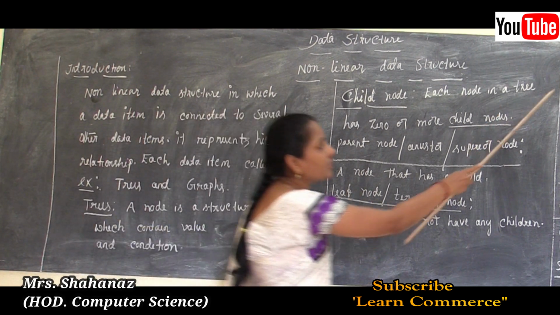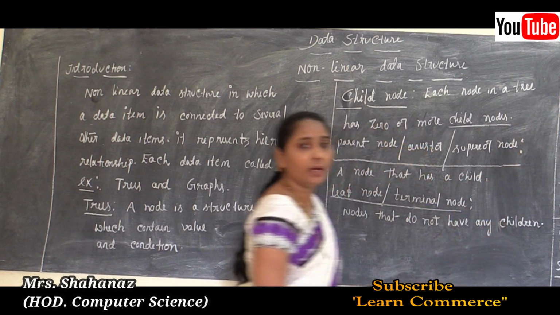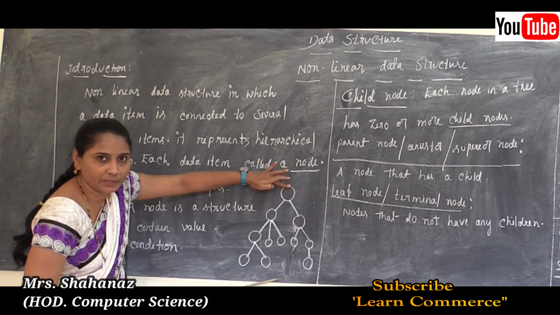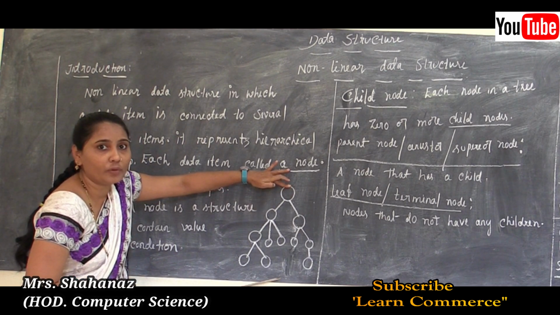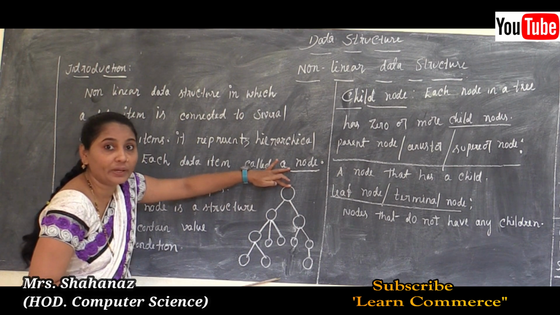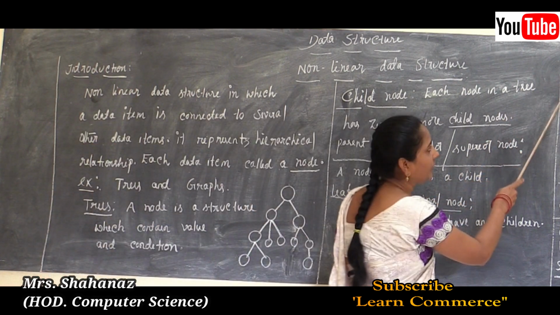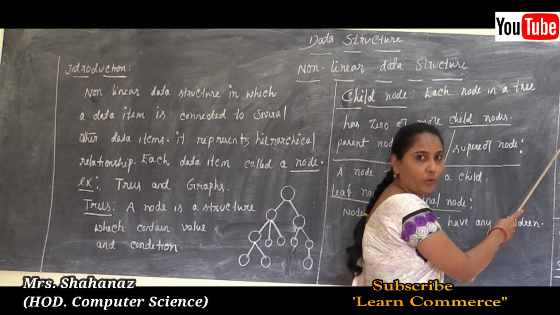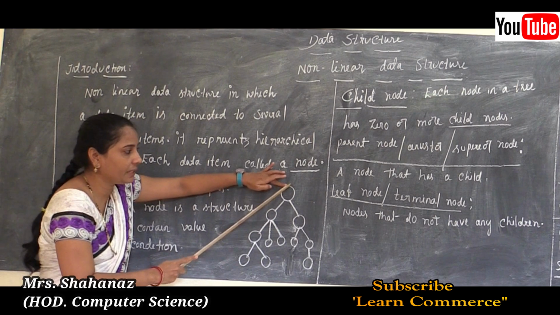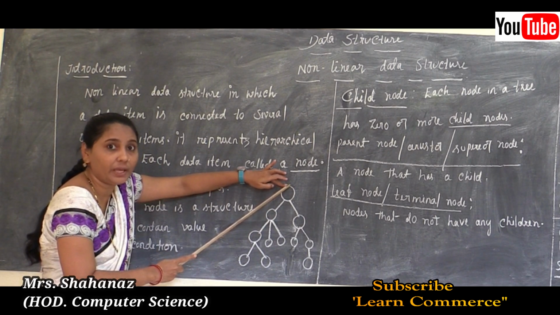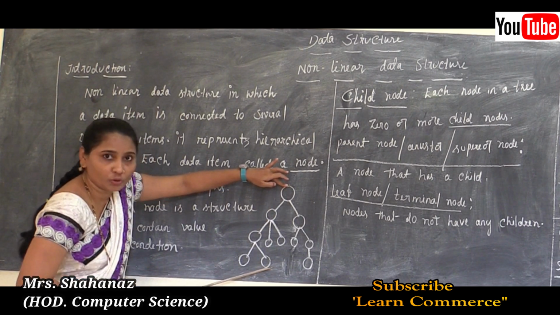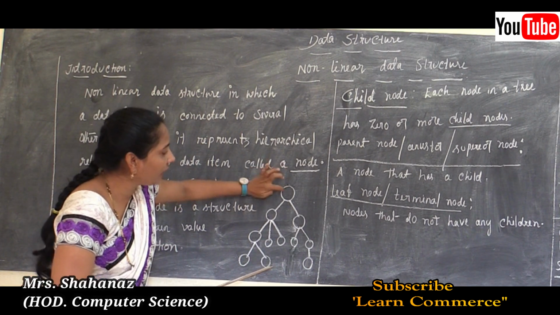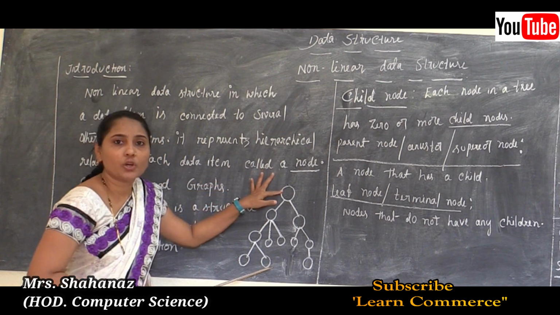Now let's see what's the meaning of the height. The height means from the top to the bottom, and that is called the height of a root node or the height of a tree. So we can say that the height of the root node is the height of the tree.